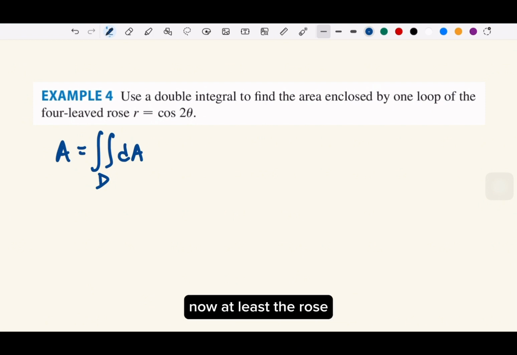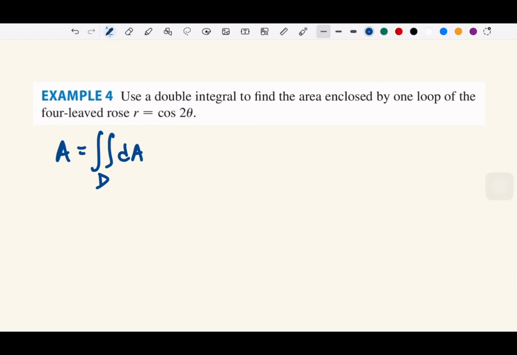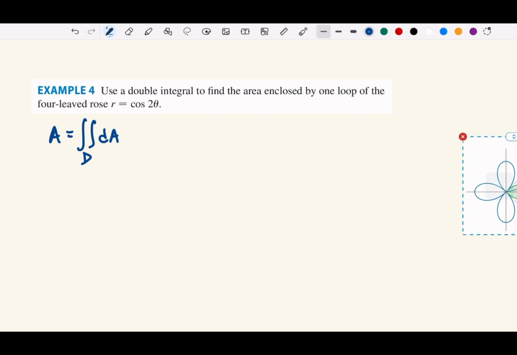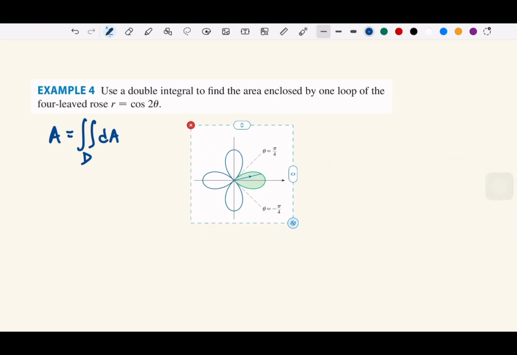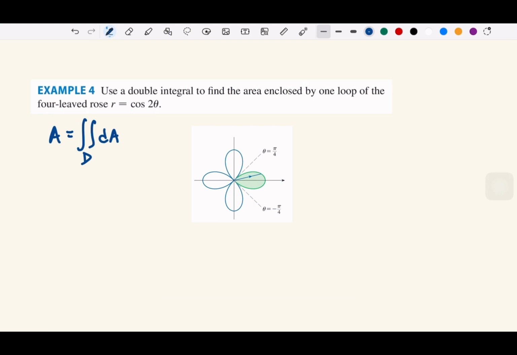Now I believe the rose, if you remember, is from chapter 10. If you're not familiar with this, let me give you the picture. What is the rose? This is the rose, r equals cosine 2 theta.